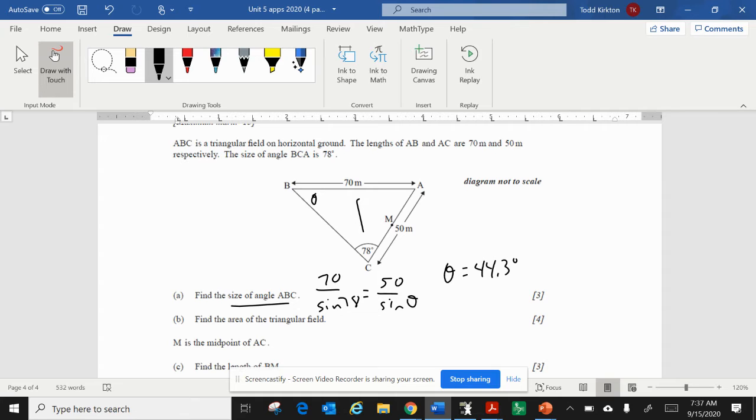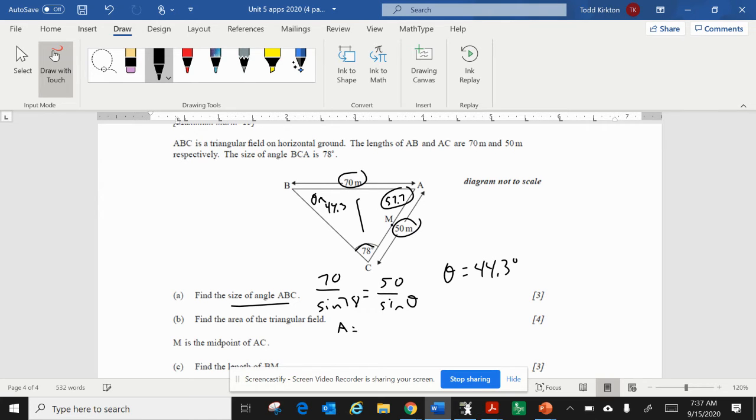And then it says find the area of the triangular field. So if this is 44.3 and this is 78, that leaves us with 57.7 for that angle. So I can do my side angle side area.